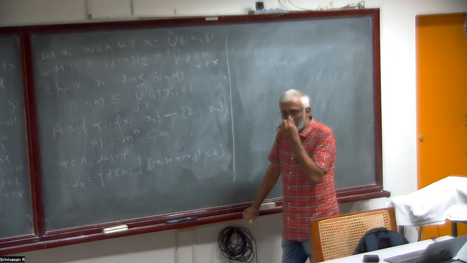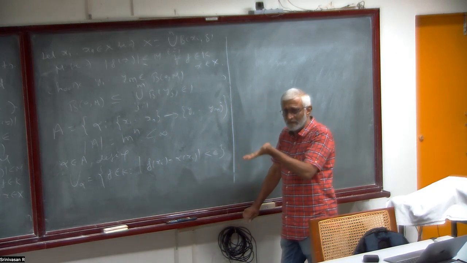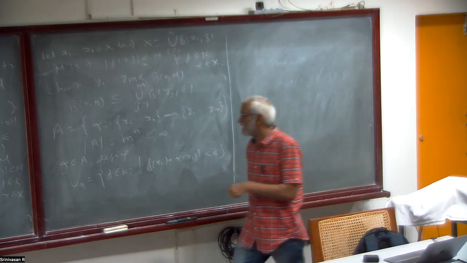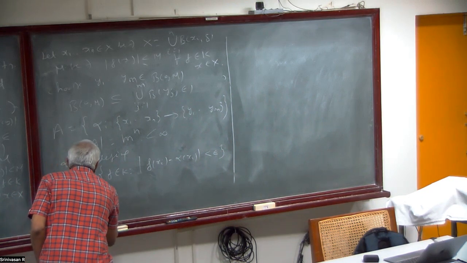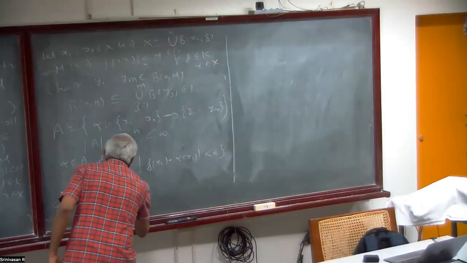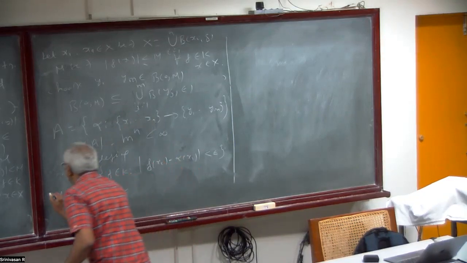Alpha is from this set. You can define it. Epsilon is fixed. Okay, we are working with epsilon. So first claim is the diameter of U_alpha is less than or equal to 4 epsilon. This is the claim.